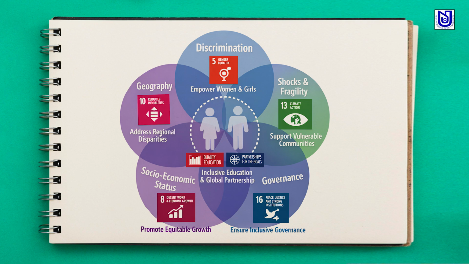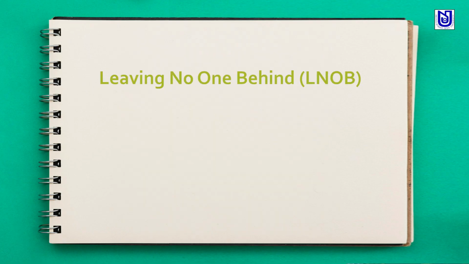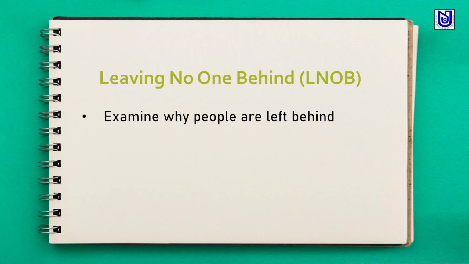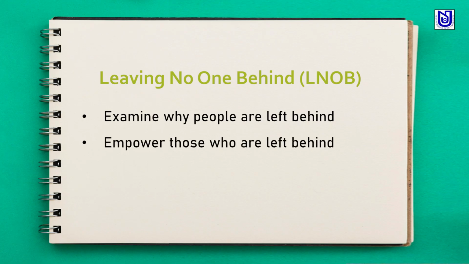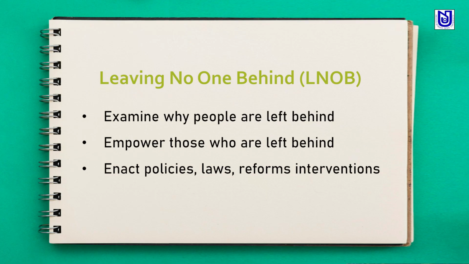Shocks and fragility, meaning who is more vulnerable due to climate change, conflict, displacement, etc. And they have suggested an integrated approach that will combine: examine why people are left behind, empower those who are left behind, and enact policies, laws, reforms and interventions to confront the divides that leave people behind across SDGs.